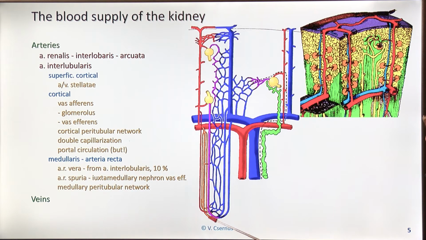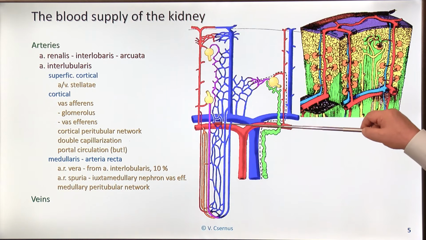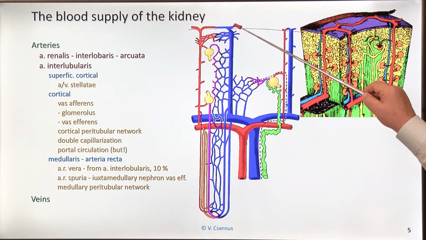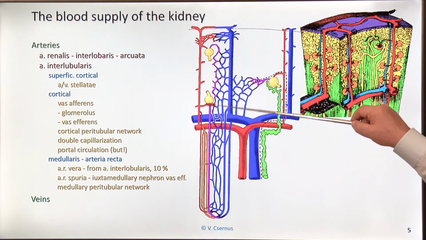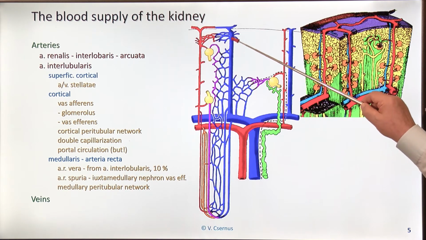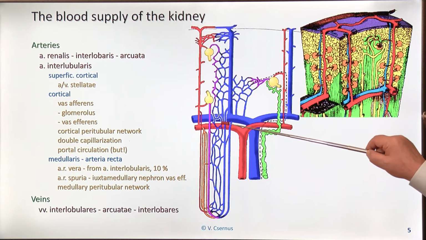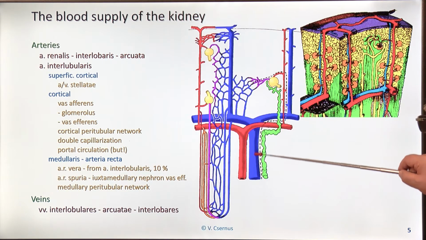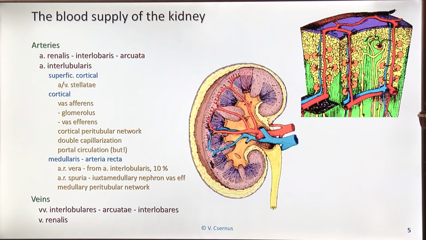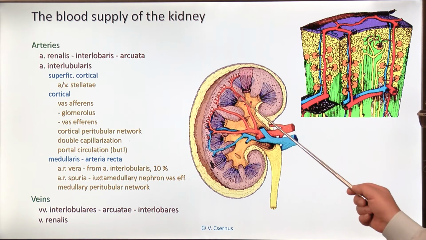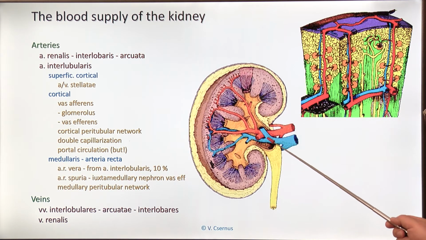The veins are very similar to the arteries. From all of these branches of the interlobular artery, the blood finally goes to the interlobular veins, which go to the arcuate veins, the interlobar veins, and then through the interlobar vein to the renal vein.